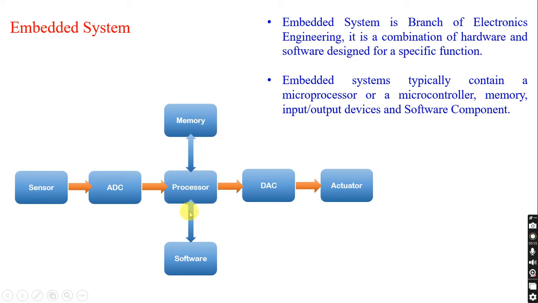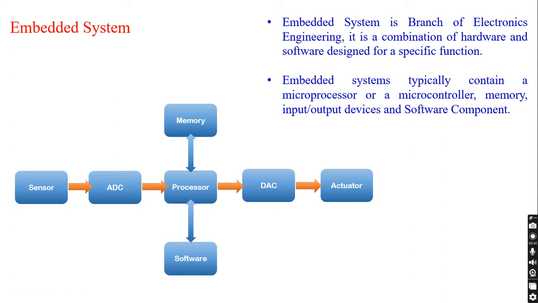After that, if you want to perform some actuation, then we pass that digital data to the DAC. DAC stands for digital to analog converter, and it will convert digital data to analog form, and later it will be given to the actuator. Why do we require a digital to analog converter?